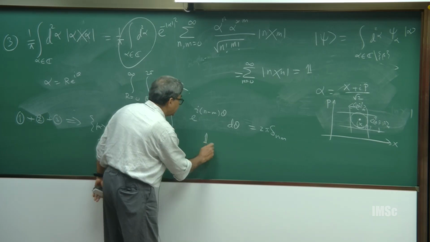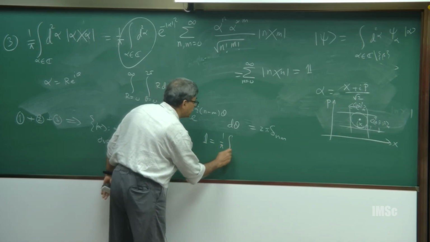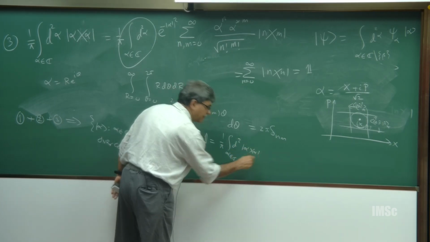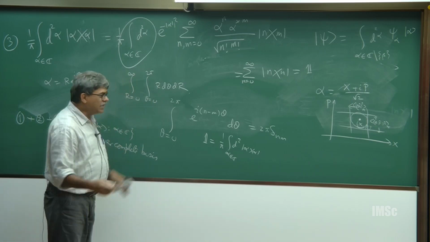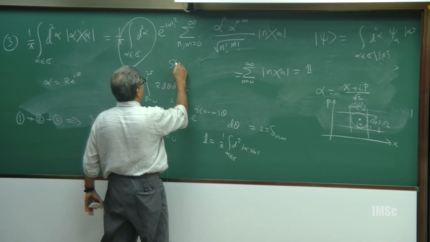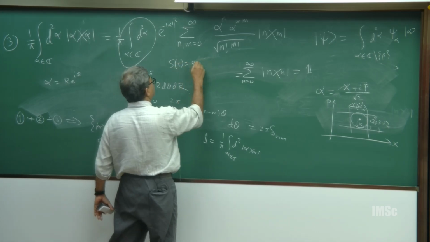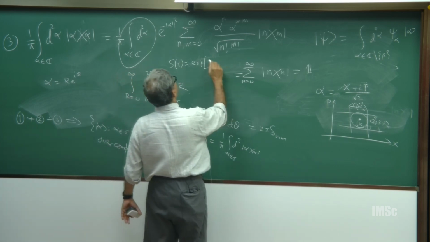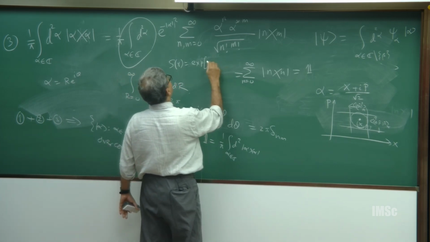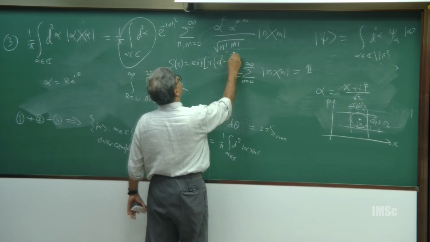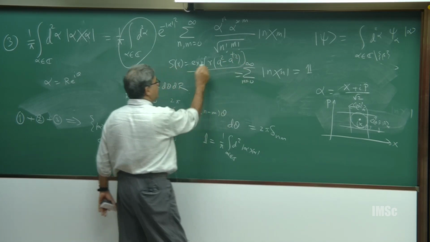So identity, this we have seen, is 1 upon pi, integral over alpha belonging to C, d square alpha, |alpha><alpha|, right? Now squeezing is a unitary transformation S of r, which is exponential of r times (a square minus a dagger square), real squeezing.